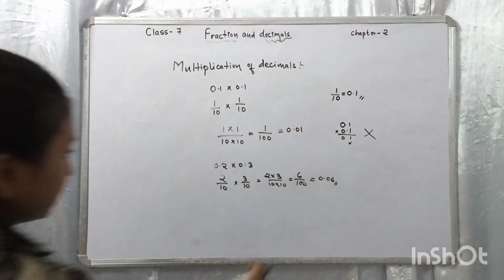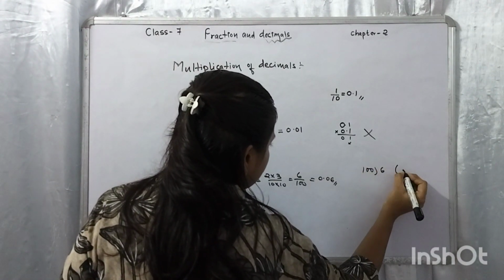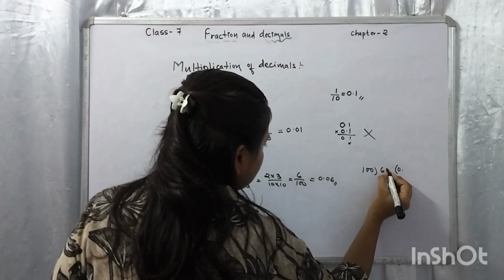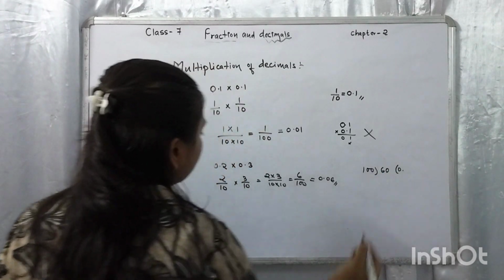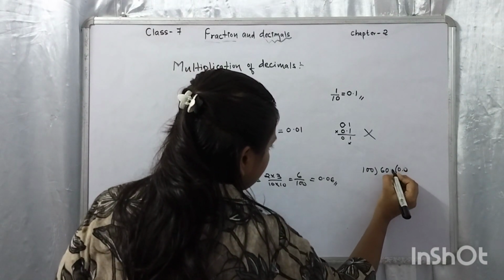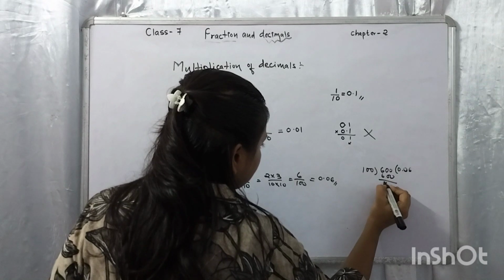0.06. See, that is 100 divided by 6. Since there are no numbers, so 0, this will be 60. Now again 100 won't go into 60, so you will add one more 0. This will be 600. 100 sixes are 600. Fine.